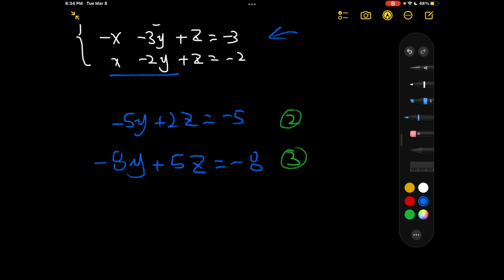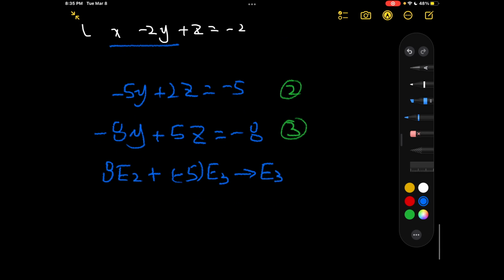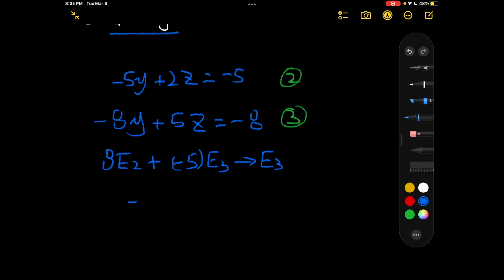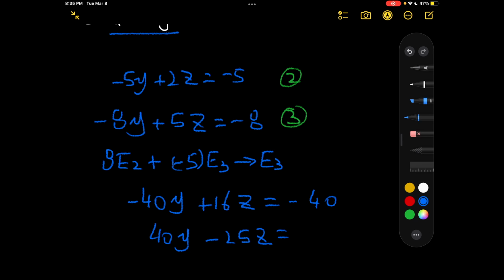Now we try to find the common multiple: 8 times equation 2 plus -5 times equation 3, and we can eliminate y. 8 times equation 2 gives -40y plus 16z, and -5 times -8y is 40y, and -5 times 5z is -25z, and -5 times -8 is 40.